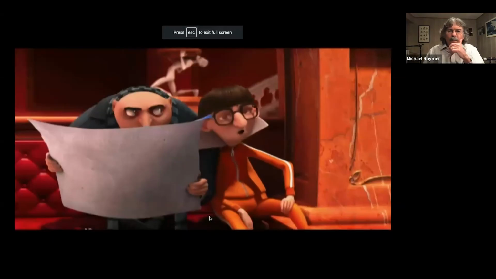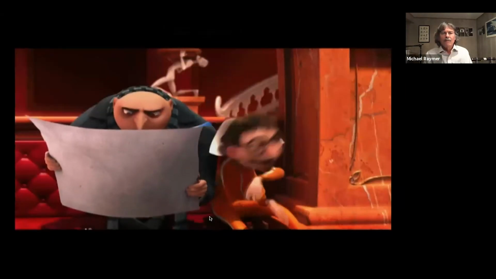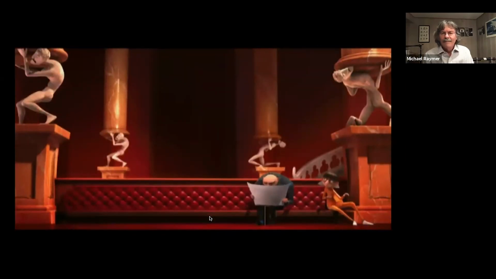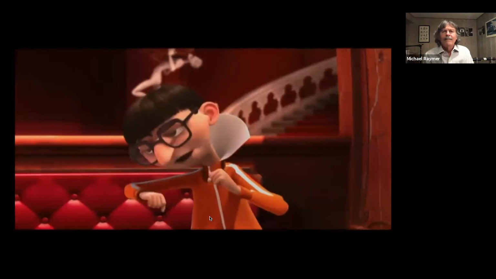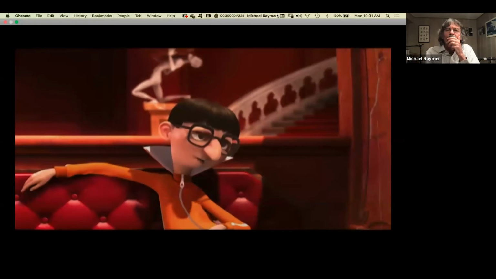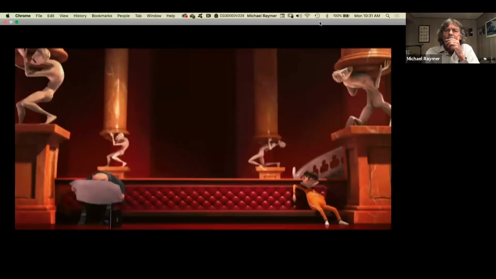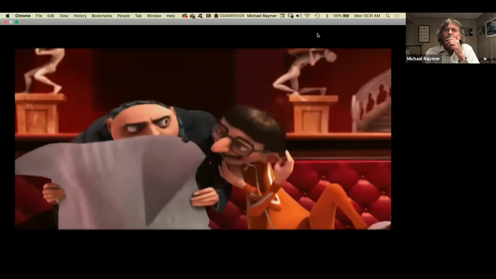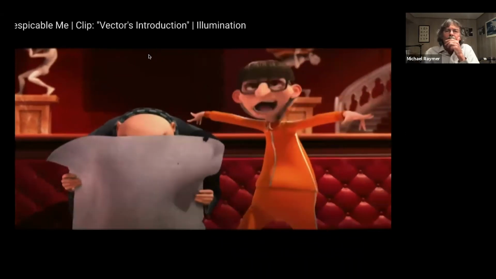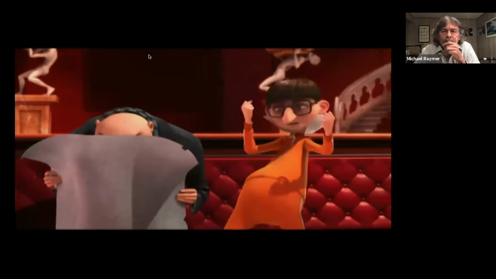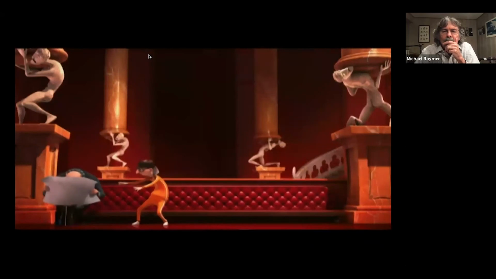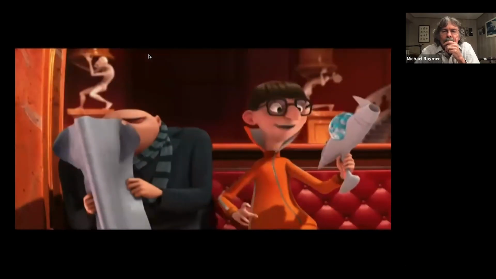I'm applying for a new villain loan. Go by the name of Vector. It's a mathematical term, a quantity represented by an arrow with both direction and magnitude. Vector! That's me, because I'm committing crimes with both direction and magnitude. Oh yeah! Check out my new weapon. Piranha gun! Oh yes!